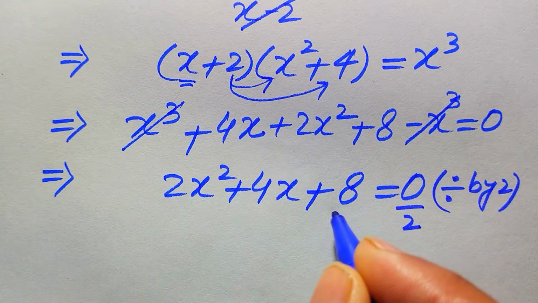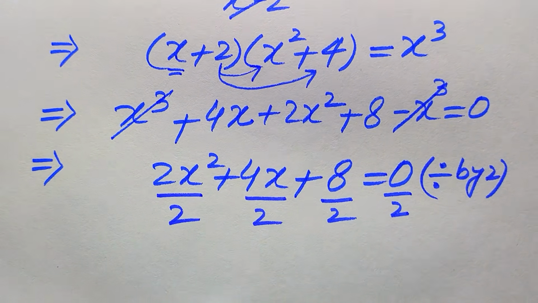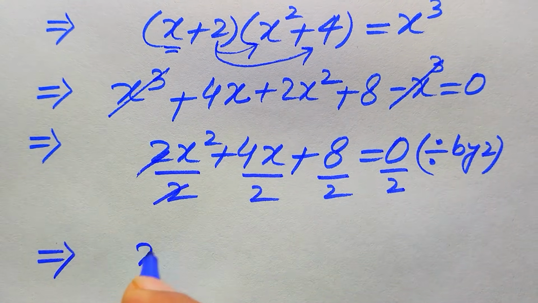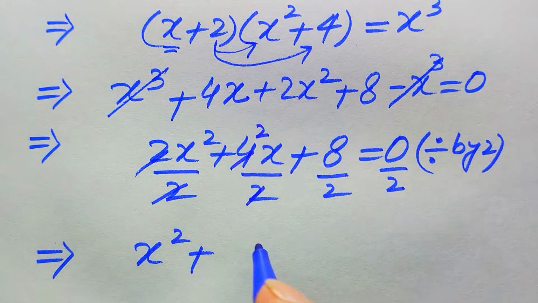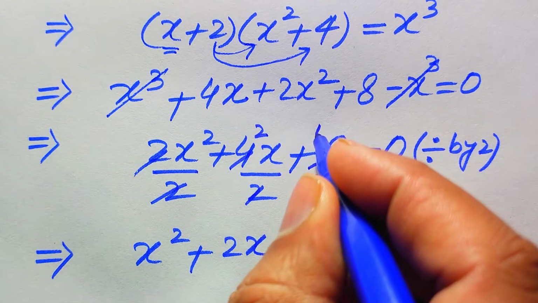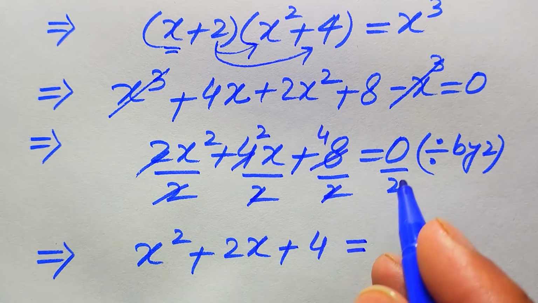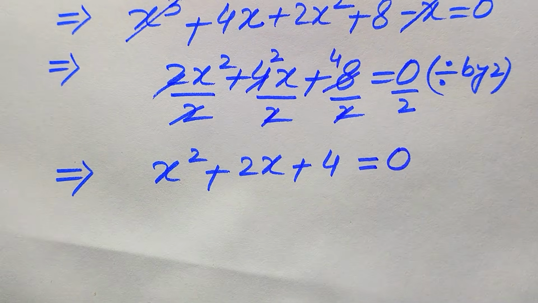This 2 and this 2 are cancelled out by each other, and we get here x square plus 2x plus 4, and this whole equation is 0 divided by 2 becomes 0.